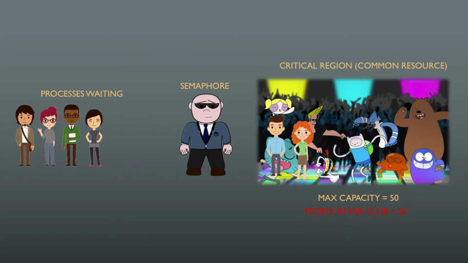So now, when the number of people in the club goes back down to 49, the gentleman in the blue is signaled by the semaphore, which is the bodyguard, to enter the club and be able to use the critical region. In our example, we used a max capacity of 50, so that 50 people can be in the club at one time, or 50 processes can be in the critical region at a time, but this number can vary depending on the implementation of a specific scenario.